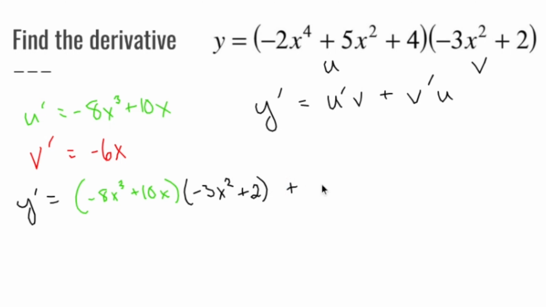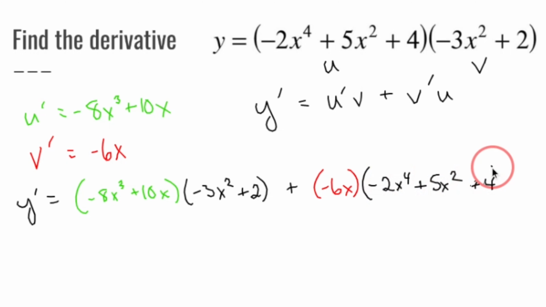Or I'm sorry, -6x, so -6x, not 3x, times u, which is -2x to the 4th plus 5x squared plus 4.